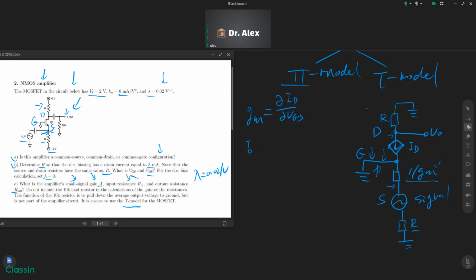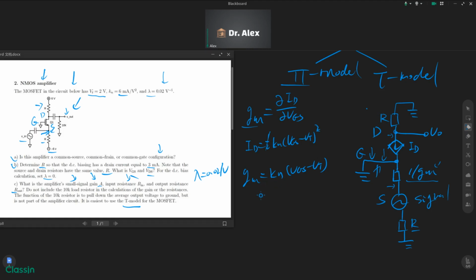Because we know the expression for ID has a square, by basic calculus it's very easy to get gm. The square will be cancelled by the 0.5, and we put the voltage values into the equation.